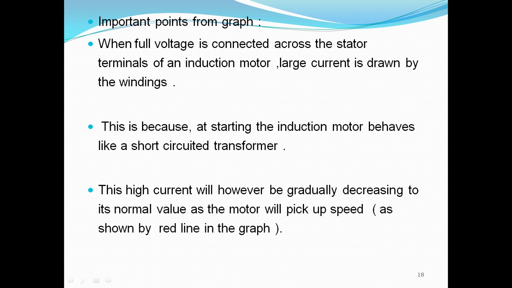So how can we connect? When the switch is in the start position, then reduced voltage is applied across the motor terminals.